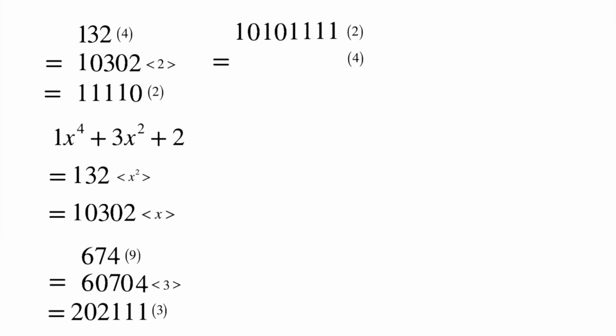Next example. From binary into quaternary. 1 down and base 2. Then remove zeros.